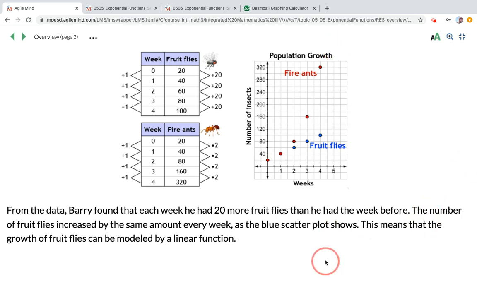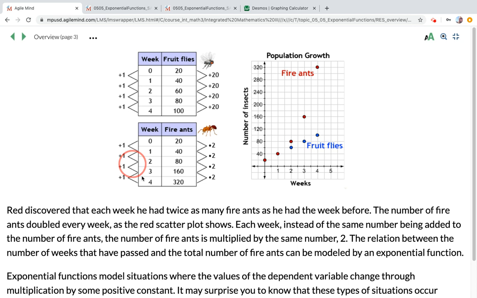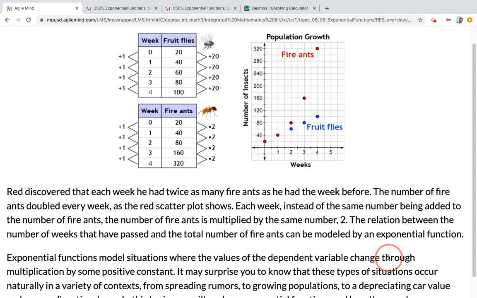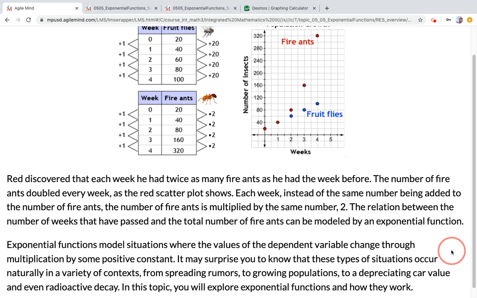So while my fruit flies can be modeled by a linear function, it means that my fire ants actually have to be modeled by something else. It's going to be modeled by an exponential function, which you probably already knew given the title of the lesson. Because we're multiplying by 2 every time, we're always multiplying by the same number, we can model it with an exponential function.